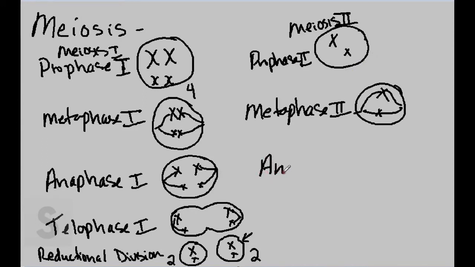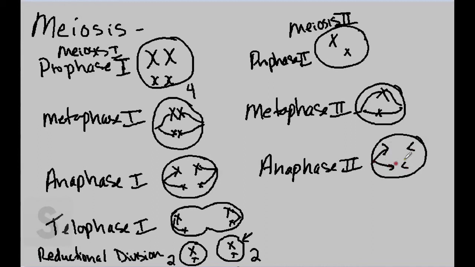We have anaphase 2, where the chromosomes get pulled apart and start to travel to each of the poles. And then we have telophase 2, where our chromosomes are pulled apart and at the opposite poles.